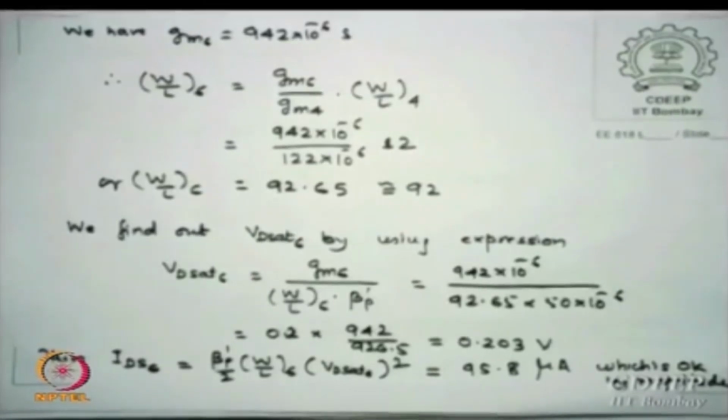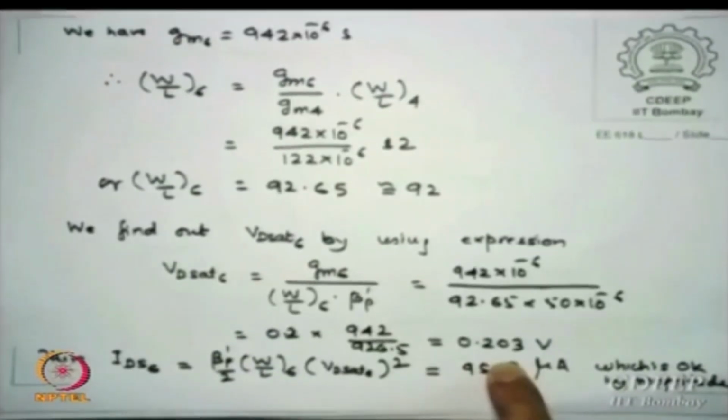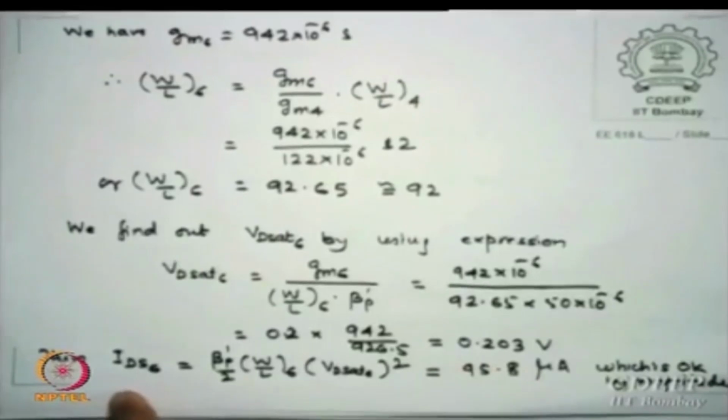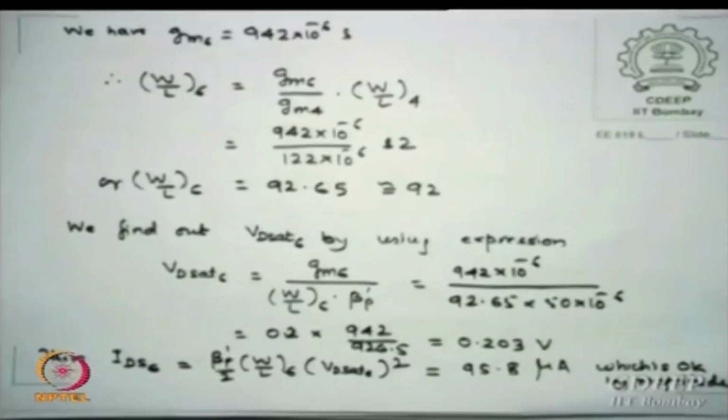Okay, that seems fine. But if I now calculate VD sat 6 for this, I get the value of 0.203. Then I calculate the ID sat 6 current for this, which I get how much? 95 microamps. Compared to 235, this is within acceptable limits for me. Is that clear? So I chose my tricks.